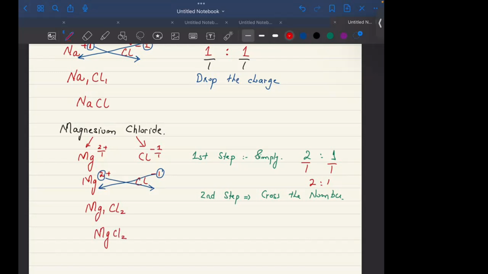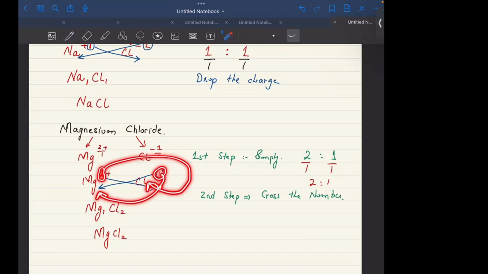Say it again. So, like cross multiplication? This is not cross multiplication. Cross multiplication would be when we form an equation and put equals to in between. Here we just picked up the 1 of chlorine and wrote it below magnesium, and picked up the 2 of magnesium and wrote it below chlorine. Multiplication is when you are doing 2 into 1.